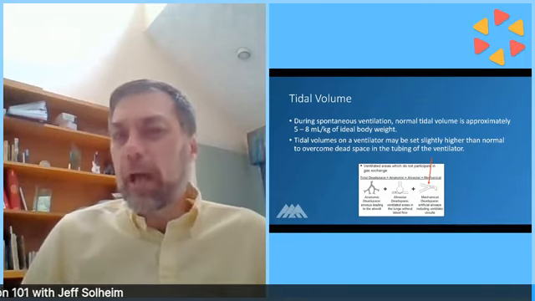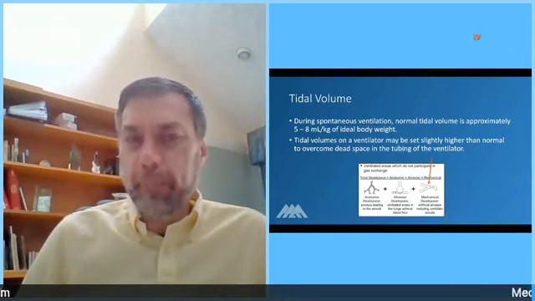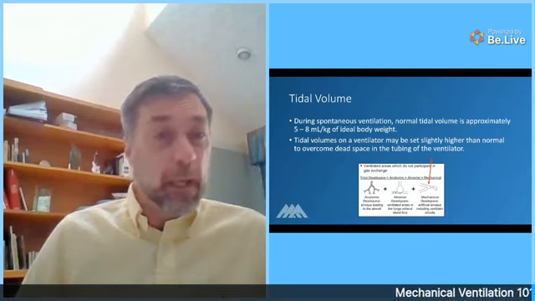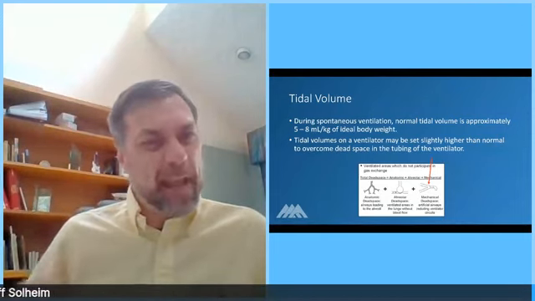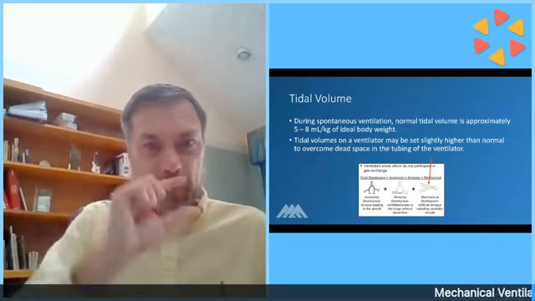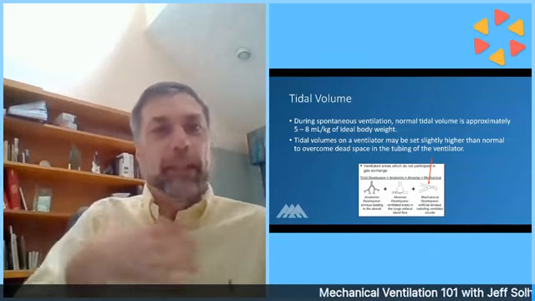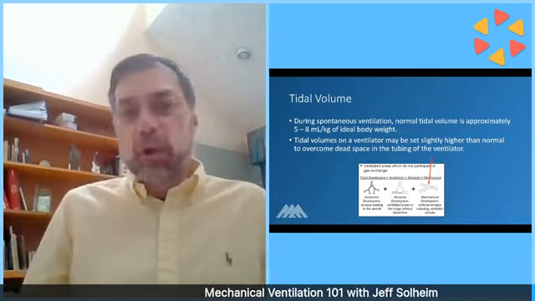So I'm going to use a little higher tidal volumes on a ventilated patient than I would if they weren't ventilated. Normally we breathe about 5 mLs per kilogram of ideal body weight without a ventilator. On a ventilator, we often consider 6 mLs per kilogram to be kind of normal. And that extra bit makes up for the dead space in the tubing that never reaches the lungs. Okay. So I'm going to give you some mathematical calculations.